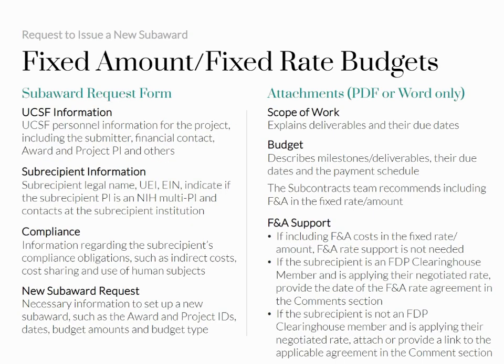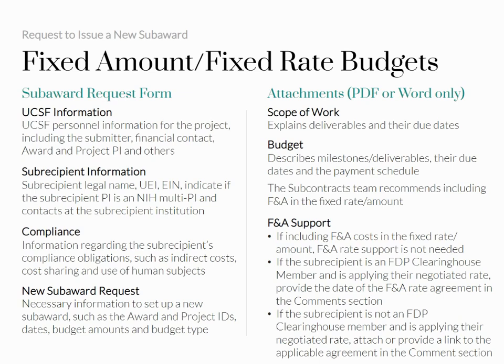When requesting to issue a new subaward with a fixed amount or fixed rate budget, complete the subaward request form: complete the UCSF information section, the subrecipient information section, the relevant subsections of the compliance section, and the new subaward request section.